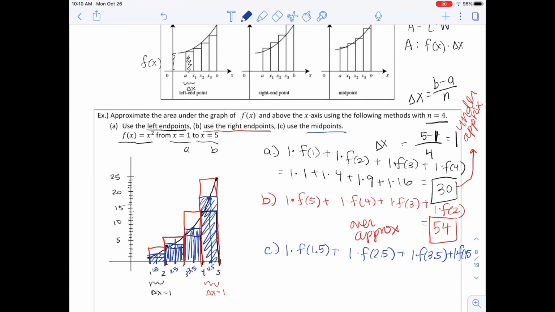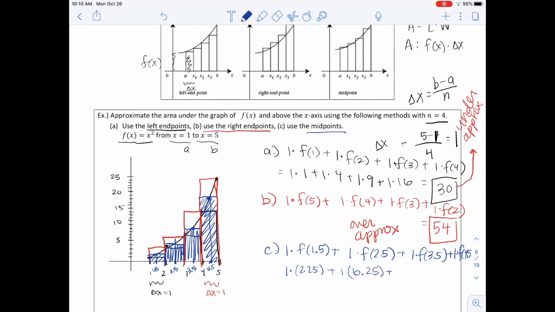If you add up all these values, we need to first substitute in 1.5. So 1.5 squared is going to be 2.25. And then we have plus 1 times, and then substituting 2.5 into my function, which is going to be 6.25.